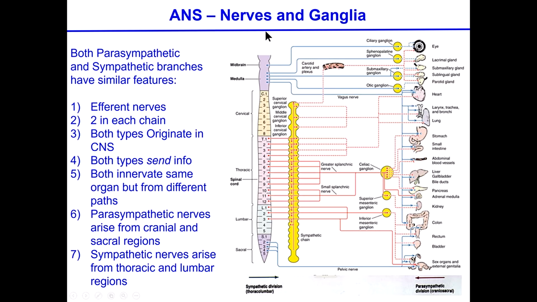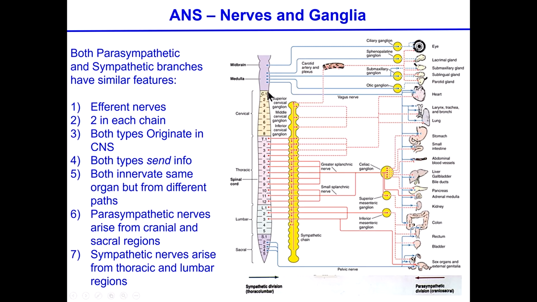What we have here is a portion of the central nervous system that includes the brain stem. Remember from the first slides of the second class, the midbrain and the medulla is that thing that comes out of the brain and connects with the spinal cord, which is this one. And then there are different places that receive different names in the spinal cord according to the vertebrae in which it is packed.